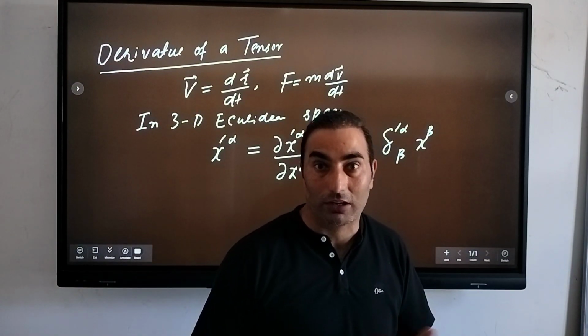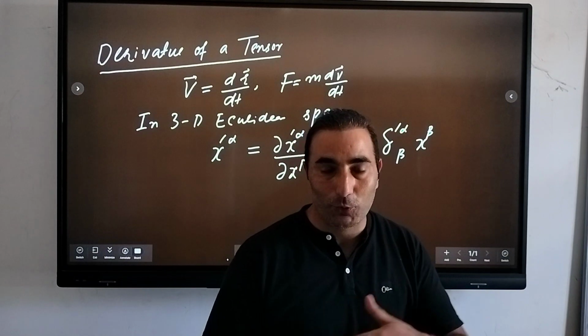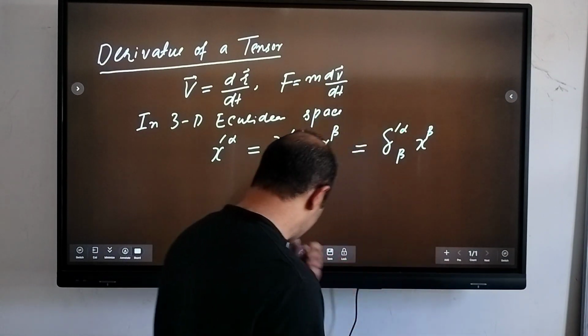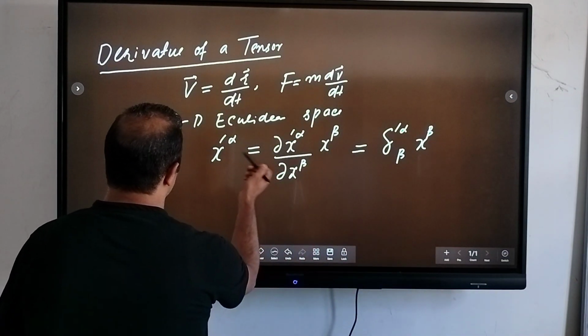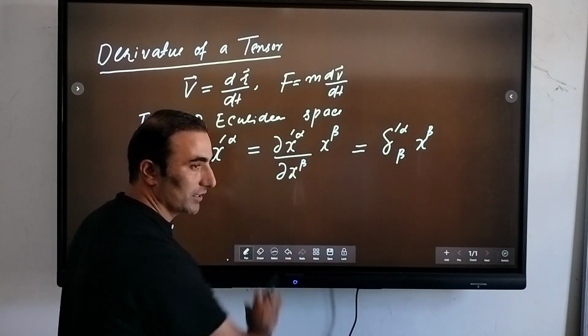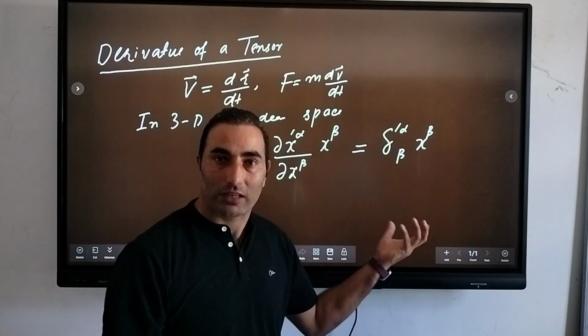Okay. Now this is basically how these coordinates transform. If you talk about the velocity transformation, that means we take the derivative of this. So this is for coordinate transformation, and similarly you can talk about velocity transformation.